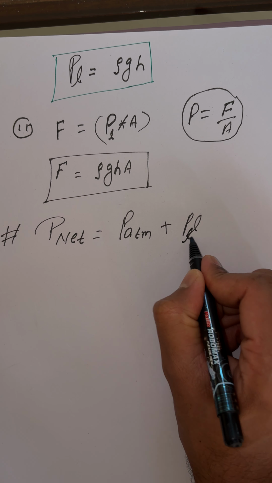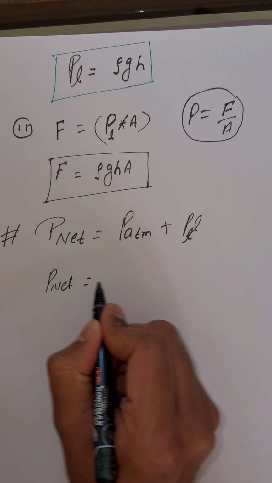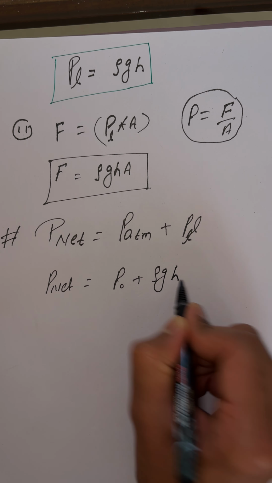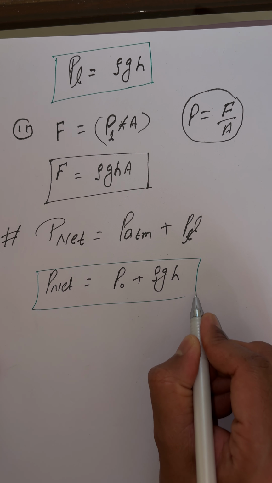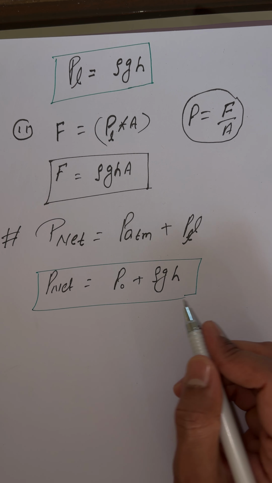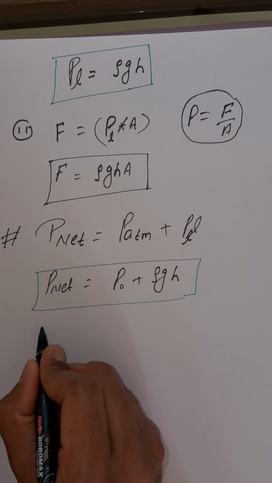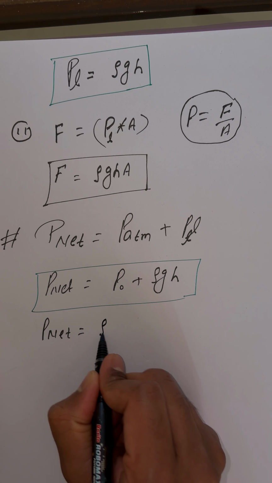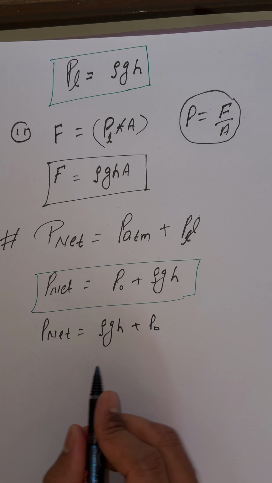So net pressure, you can write this is P naught plus rho gh, right? Students, here you can connect this formula from mathematics. Just rearrange a little. You can say net pressure is equal to rho gh plus P naught. You can swap left and right.